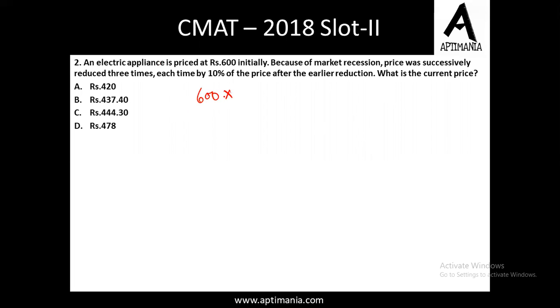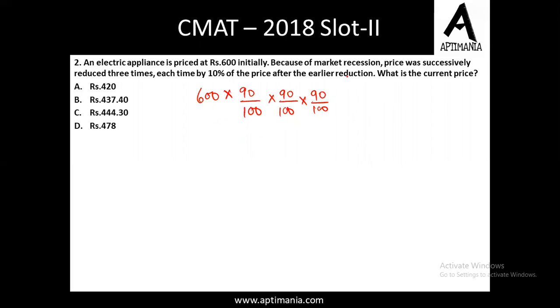Because of the market recession, price was successively reduced 3 times by 10% each. Right? So what I'll do is there is a reduction of 10%, so I'll multiply it by 90 by 100. There is a further reduction of 10%, I'll multiply it by 90 by 100. Further, there is a reduction of 10%, I'll multiply it by 90 by 100. So a total of 90 by 100 is multiplied thrice because there were 3 reductions.